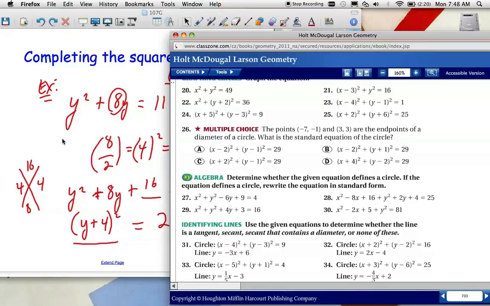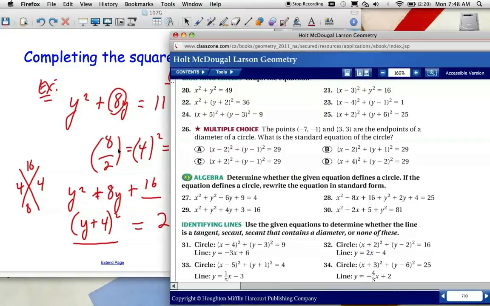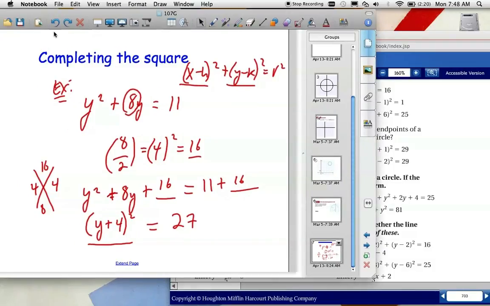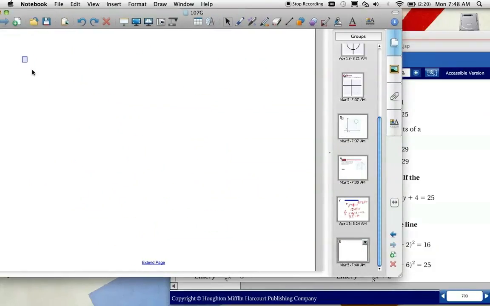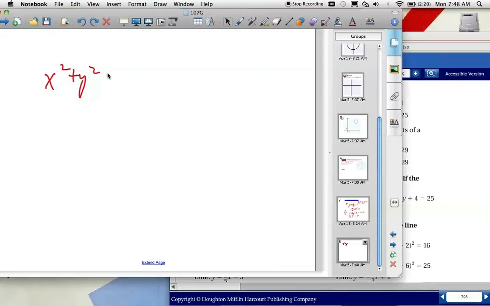29 is not friendly. It says x squared plus y squared plus 4y plus 3 equals 16. Okay.